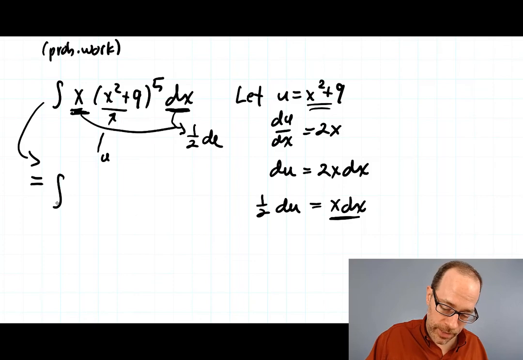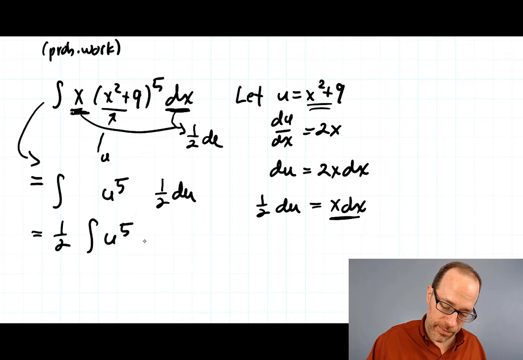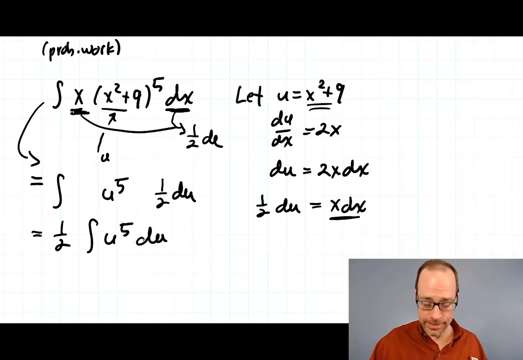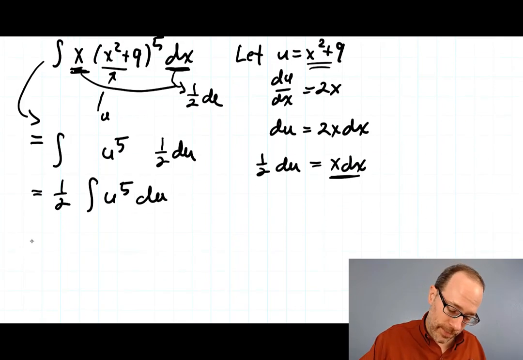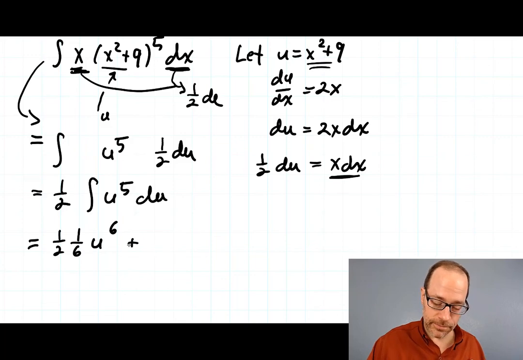So altogether we get 1/2 du and then u to the 5th. People pull the scalar out usually right away. So it's 1/2 integral of u to the 5th du, and then this is easy to integrate. It had to come from u to the 6th, so I need an extra 6.